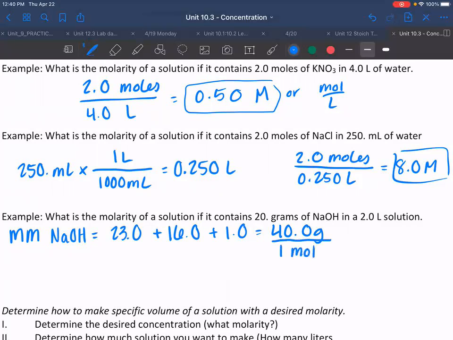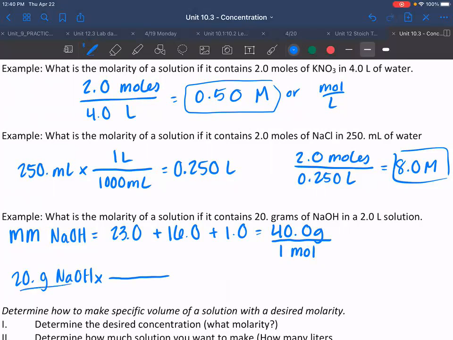So we have to remember that the definition of molar mass is how much a mole of something weighs. Well, in our case, we want to find our moles. And so we're going to start with our number of grams given to us. So if we have 20 grams of NaOH, we're going to set up our conversion factor using our molar mass. There's a couple of ways you can think about this. We want grams to cancel.